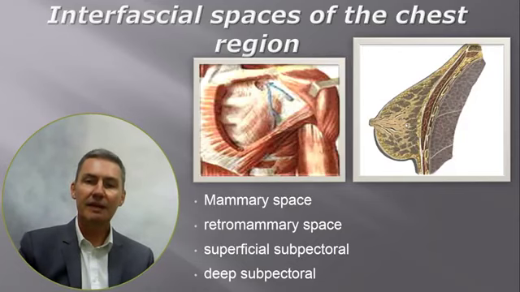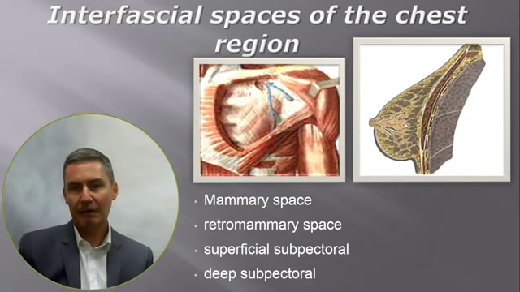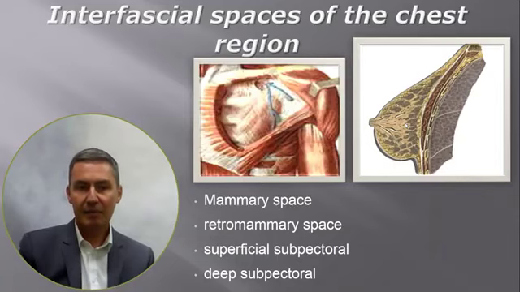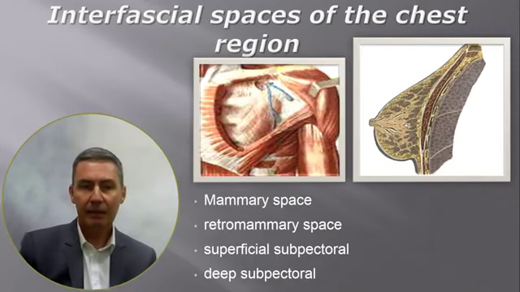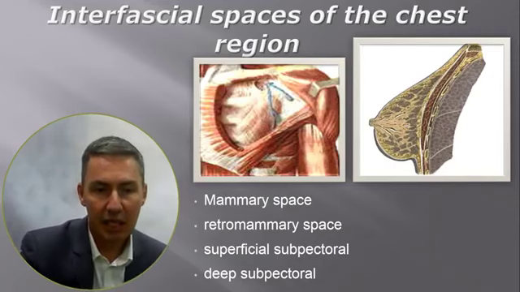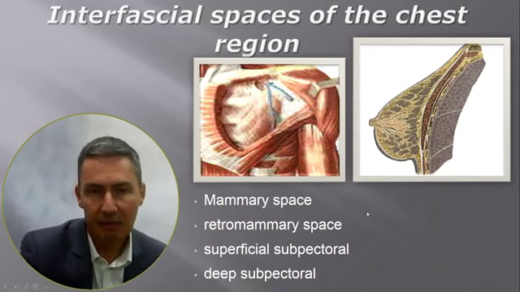Sometimes this inflammation can spread to the retromammary space and cause the formation of retromammary mastitis and retromammary abscesses. Sometimes the abscesses and phlegmons can be located in the superficial and deep subpectoral spaces as well.